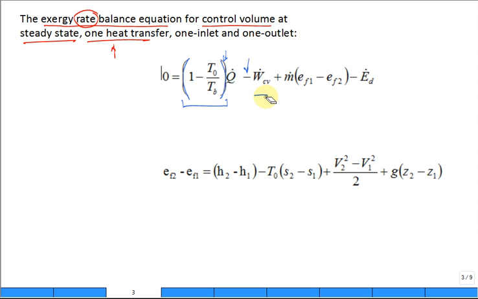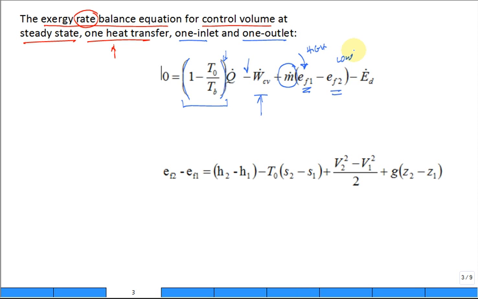We also have, for steady state, one inlet and one outlet. So you just have one mass flow rate through the control volume. It brings in a flow exergy and goes out with either a higher or lower flow exergy. If the control volume is producing work, maybe it's a turbine, the in is high and the out is low.